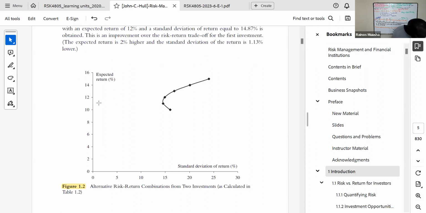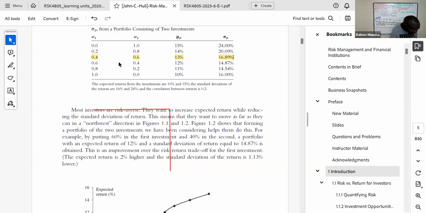Yeah, we're saying for an expected return of 10%, the corresponding standard deviation is going to be somewhere here. Remember, this is based on the information that they gave us previously, where when you're earning an expected return of 10%, the standard deviation of the portfolio is 16%, right?